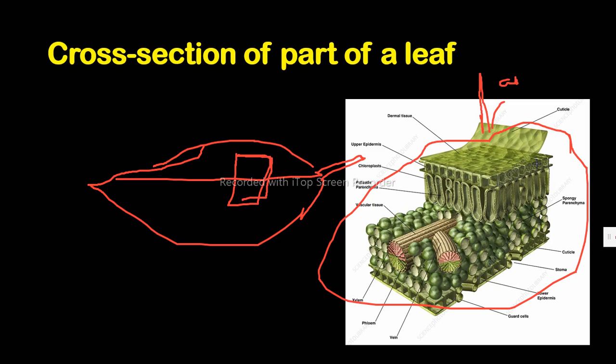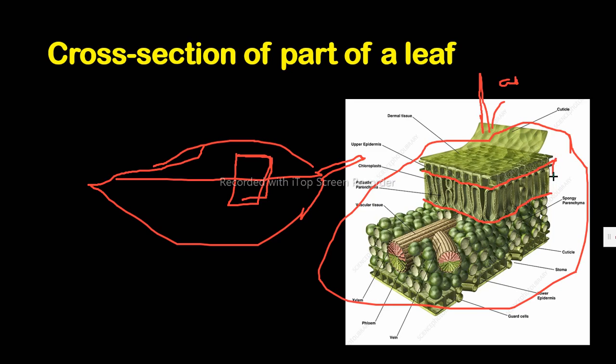Then just below the cuticle, you have the upper epidermis, this epidermal layer of cells. Then you have the palisade mesophyll cells, and you can see the differences among the cells.